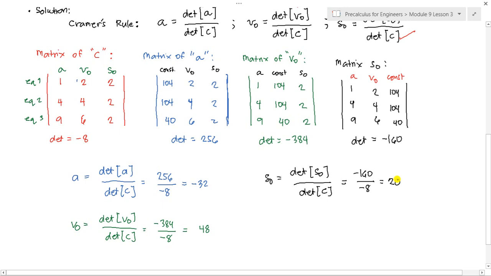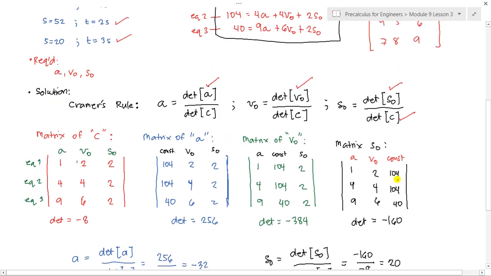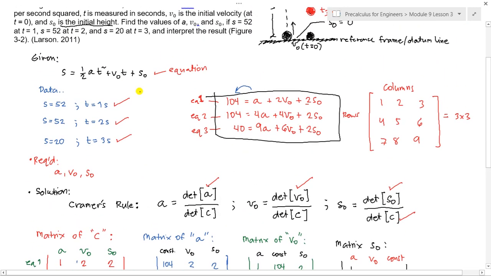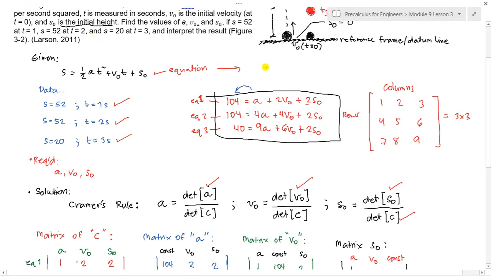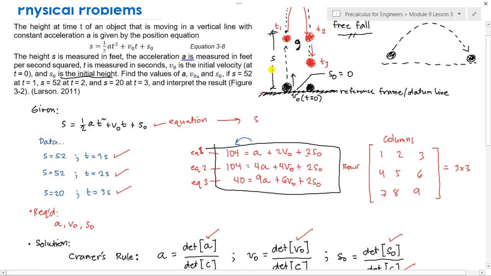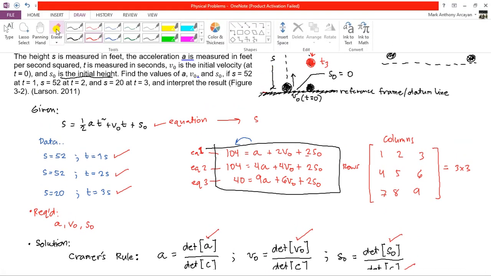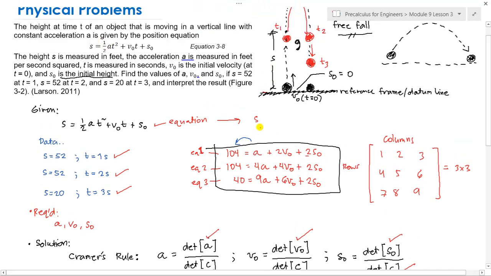That is 20. So therefore, our general equation, wala pa man tay mga A, V naught, and S diri. So since naa naman tay value, we can say nga ang atong general equation mahimo na siya og S is equal to 1 half.